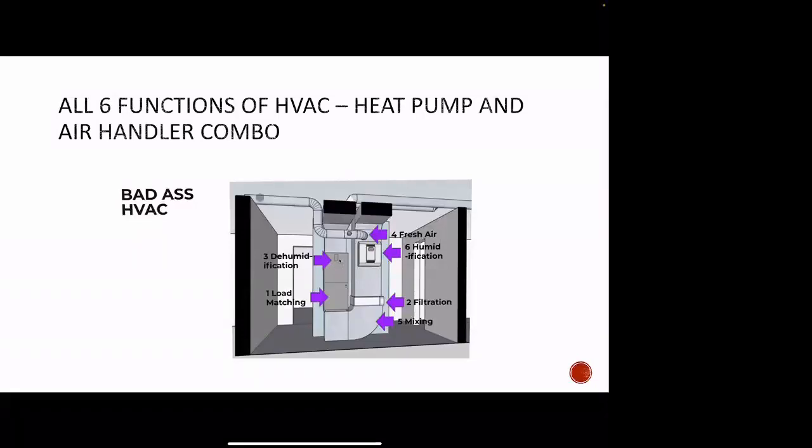We've got our fresh air. This is showing a damper coming in. You could also run it through a ventilating dehumidifier back into the system. We've got our mixing because we've got a good TESP. We can run that fan in a low position that will help move air through the house. And then we've got our humidification that we can add to our systems as well. So these are the 6 biggest functions and things that we can do for our badass HVAC design.